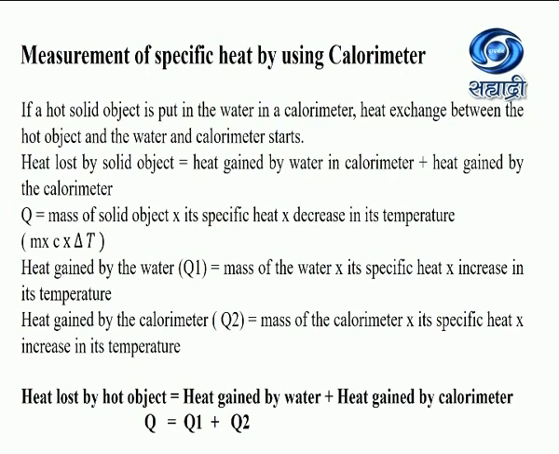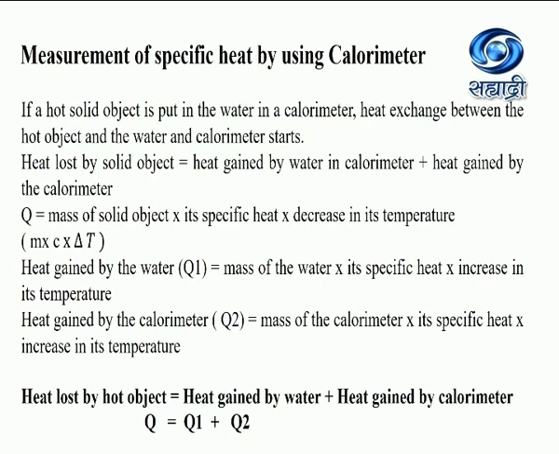This continues till the temperature of the solid object, water and calorimeter become equal. Therefore, heat lost by solid object is equal to heat gained by water in calorimeter plus heat gained by the calorimeter.